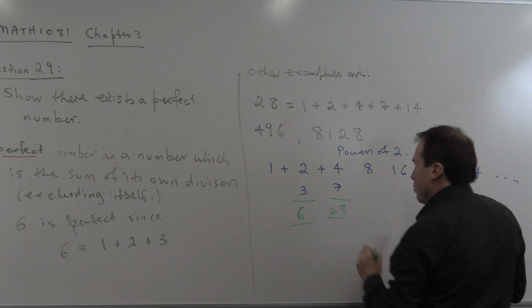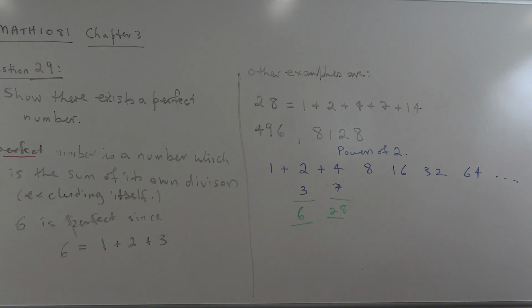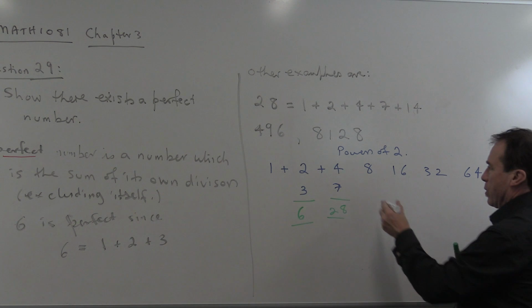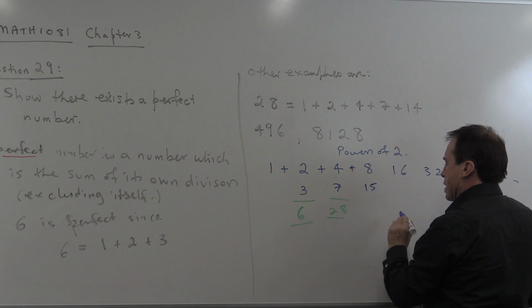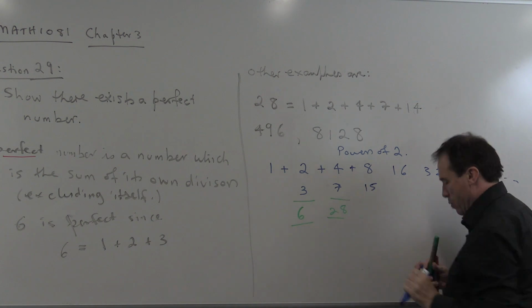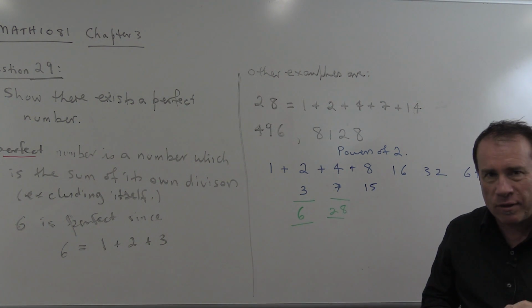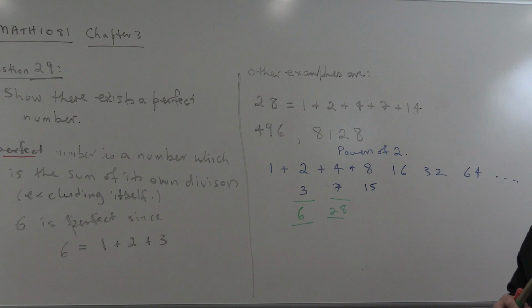And now you start to get more excited because you see that that's another one of these perfect numbers, 28. Well, you keep going and say, well, I'll add on the next one. So that plus that gives me 15. And if you multiply that by that, well, whatever you get, it's not very interesting. It doesn't give you a perfect number. That's a shame.